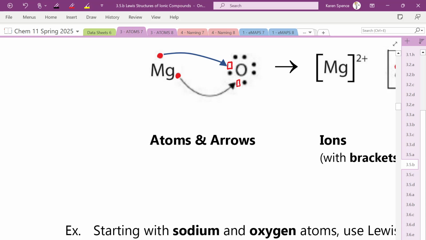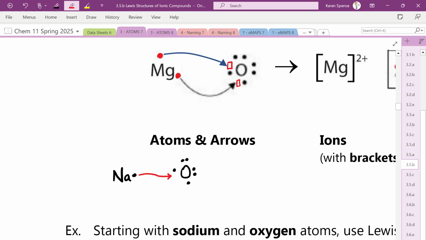Now we're going to get tricky. Now we're going to have sodium, which has 1 electron, and oxygen, which has 1, 2, 3, 4, 5, 6. Sodium is going to give one of its electrons to oxygen.